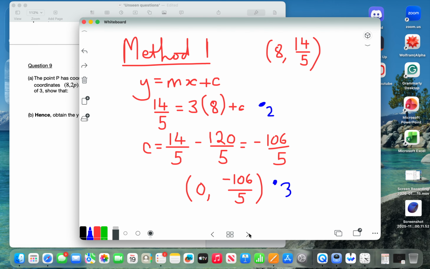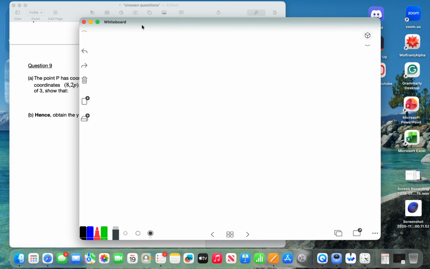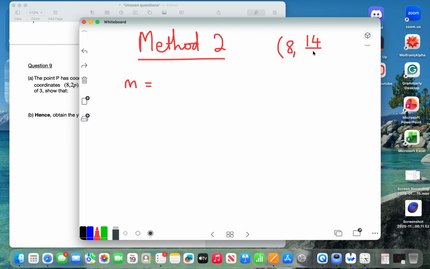I'm going to do method 2 now, and this one involves using the formula for a gradient. So m equals, well, we have the point (8, 14 over 5), and the point which is the y-intercept, because remember, the y-intercept is on the same line.